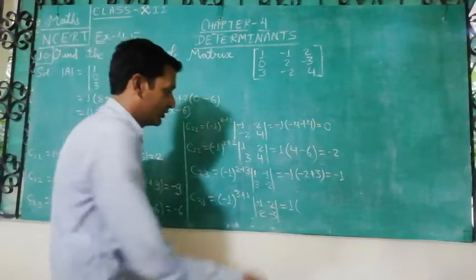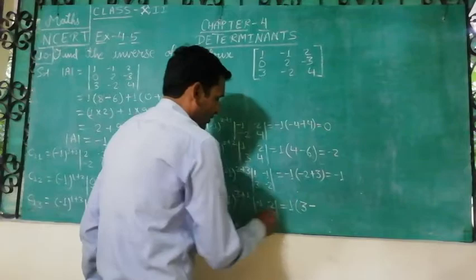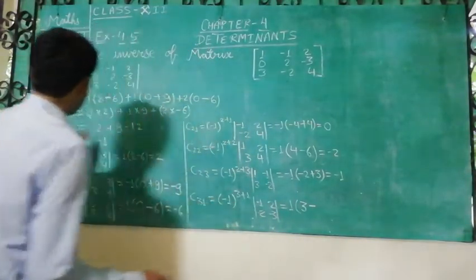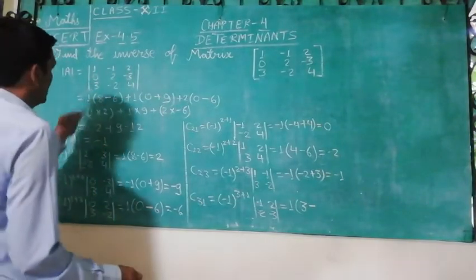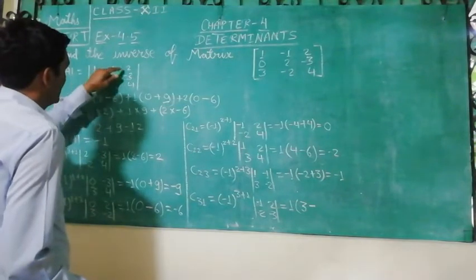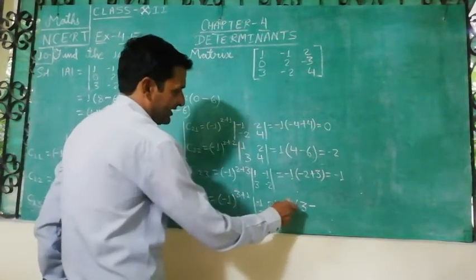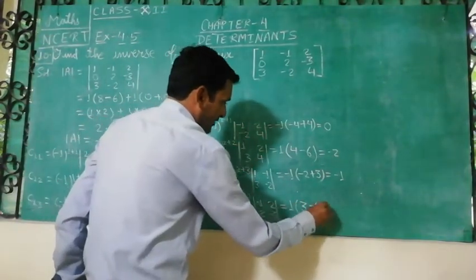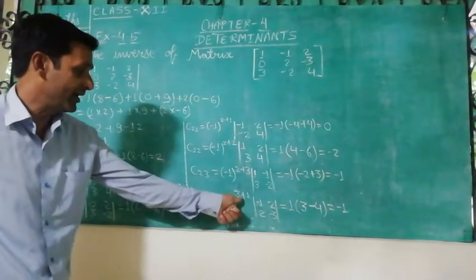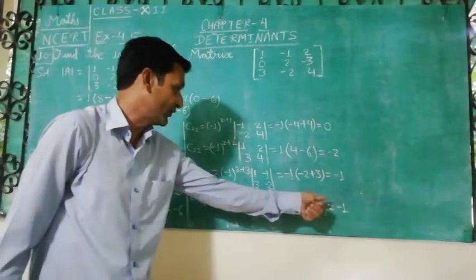Now -1 into -3 is 3, and 2 2s are 4. 3 minus 4 is -1, so it will be equal to -1 only, because it is (-1) raised to the power 4, so that is positive 1, and 3 minus 4 is -1.